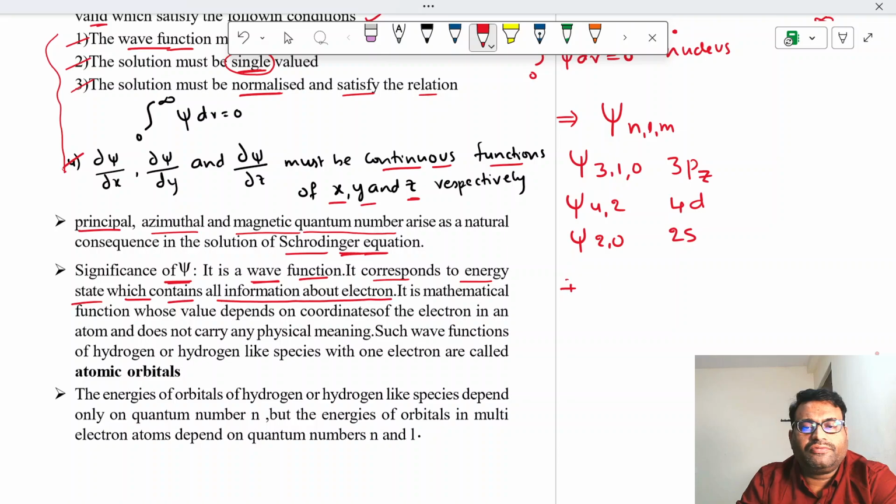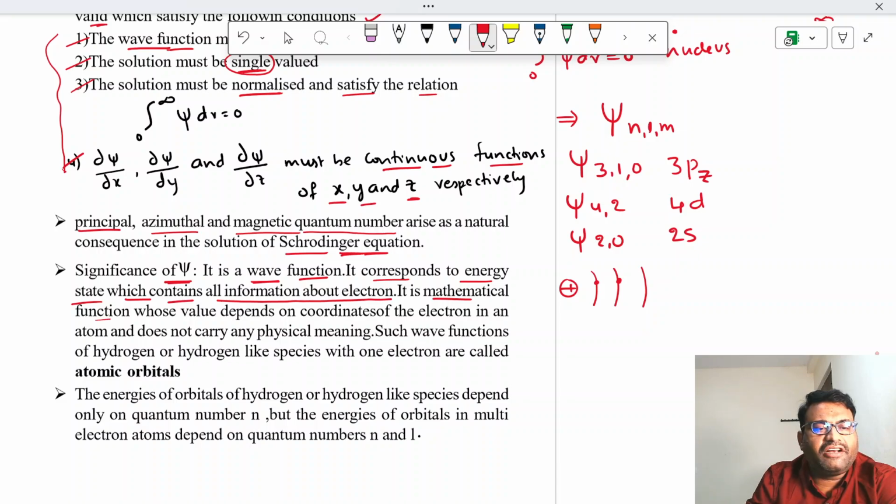It is just a mathematical function whose value depends on the coordinates of the electron in an atom and does not carry any physical meaning. This is important. Psi is only a mathematical function.